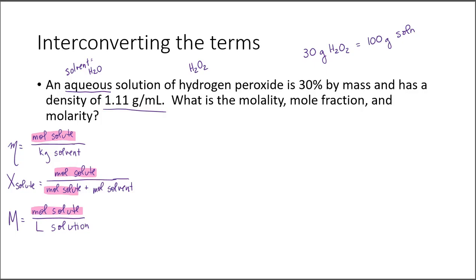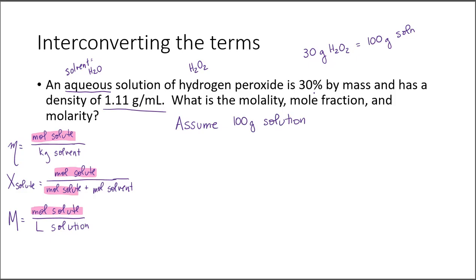So, one thing is that we actually need to assume something. I didn't tell you how much of the aqueous solution you had, and you don't actually need to know how much of the aqueous solution you had. All of these terms, it doesn't matter the amount. So I'm going to assume an amount that makes my life easier. That assumption is we're going to assume that we have 100 grams of the solution.